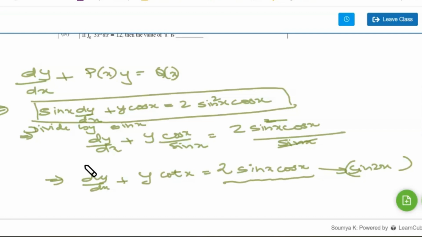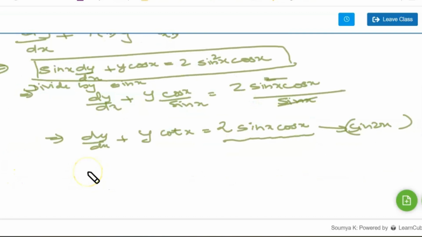So what we are doing is, after dividing, sine by sine will be 1, so dy by dx is the result here, and here it is cos by sine, and the whole term on the right hand side is divided by sine x. After that, the cos by sine term is cot x. That is the basic information that you get after learning trigonometry.